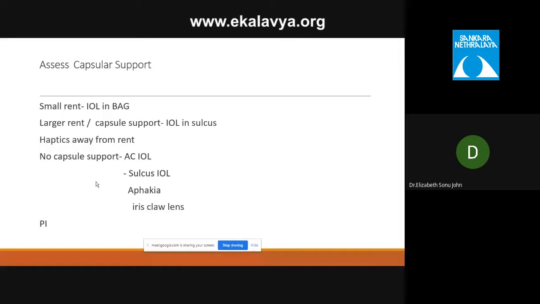And in cases where there is no capsular support, the options we have are an AC IOL, a sulcus IOL, or leave aphakia. We sometimes leave it aphakic when you have corneal edema, you can't visualize the margin, you're not sure if the capsule is intact.